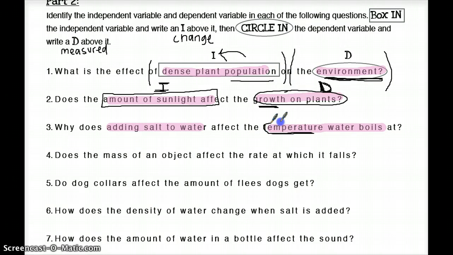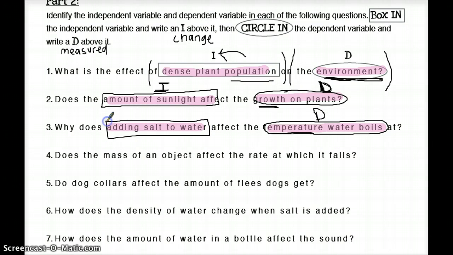This is what we're measuring. So that is our dependent variable. We are seeing if we add a lot of salt to water, does it actually increase or decrease the temperature? So the amount of salt in the water is what we are changing ourselves, so that is your independent variable.